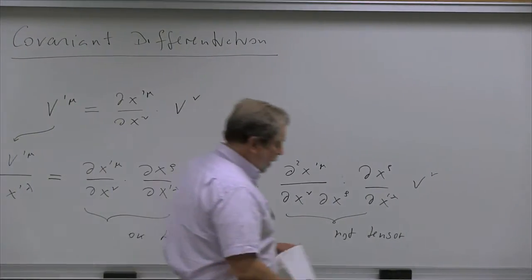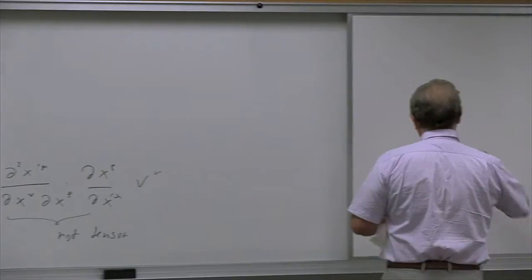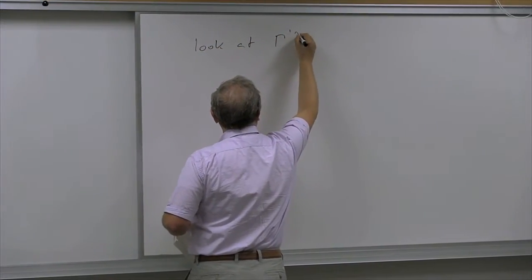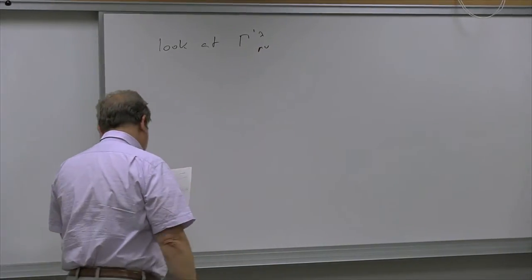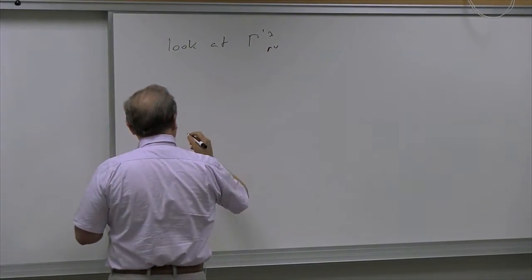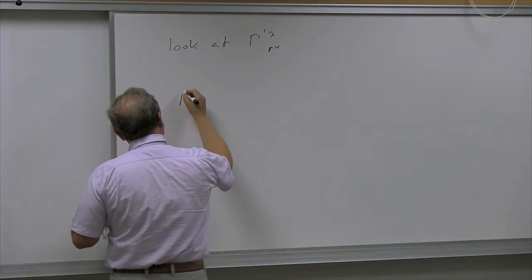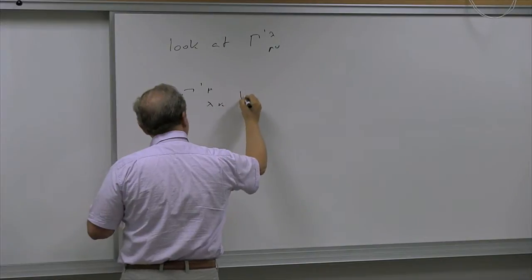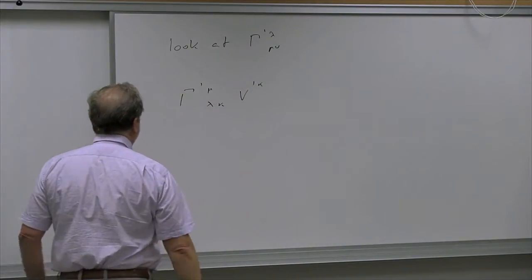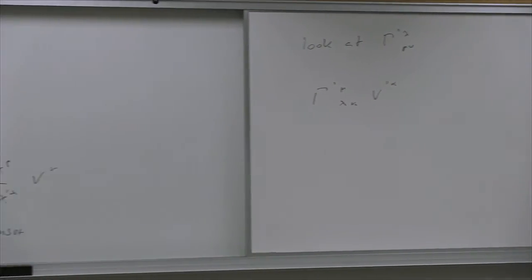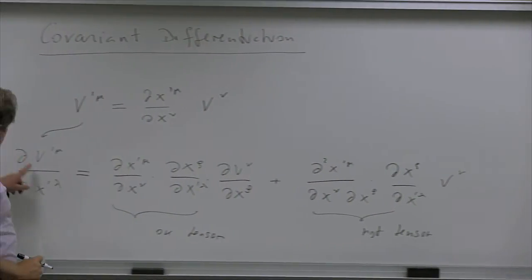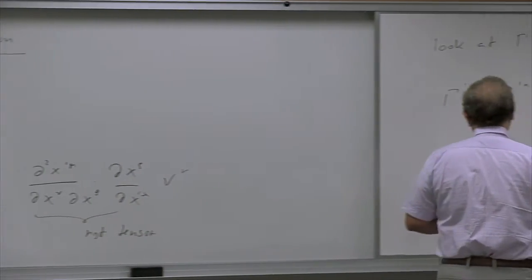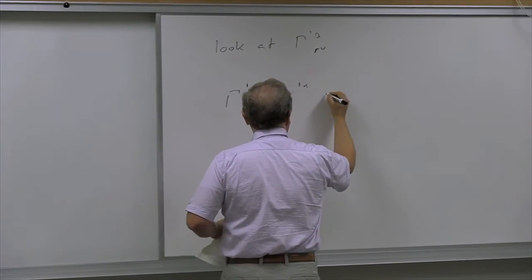So what we can do now is look at the transformation properties of gamma lambda mu nu, and in particular how gamma prime mu lambda k v prime k transforms. We look at an object which is similar to what we have here, except we don't multiply by the derivative, but we multiply by the affine connection, and we have primes on both sides.